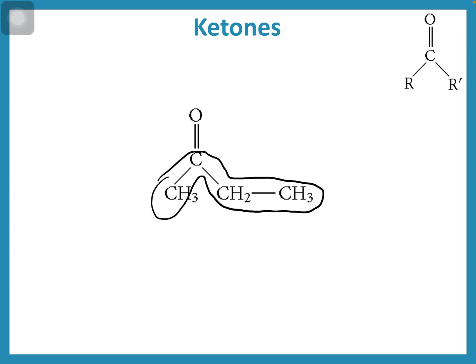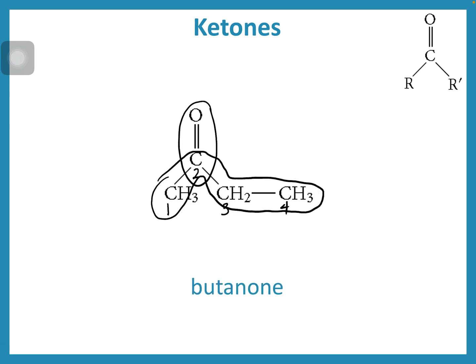In terms of numbering, for the carbonyl group, the lower numbering is if I start from the left, carbon 1, 2, 3, 4, and that gives the carbonyl group off of the second carbon. If I were to move from the other direction, I would have carbon 1, 2, 3, 4, so that would make it off the third carbon, and that's not the lowest numbering. So for 4 carbons, butane, we have the ketone off the second carbon.